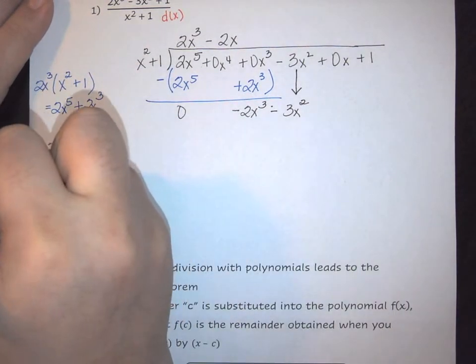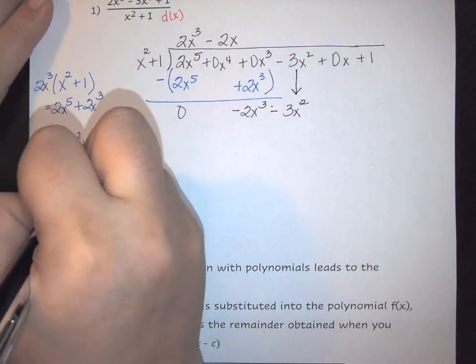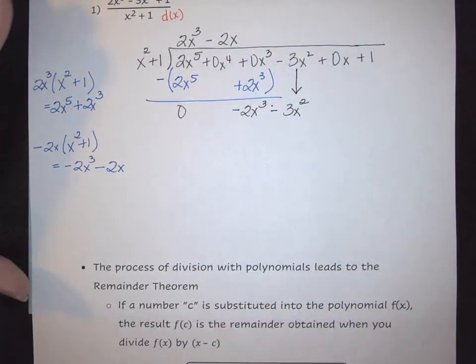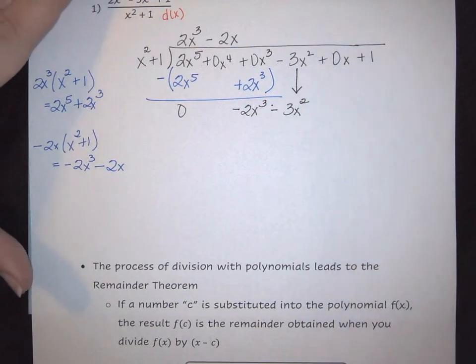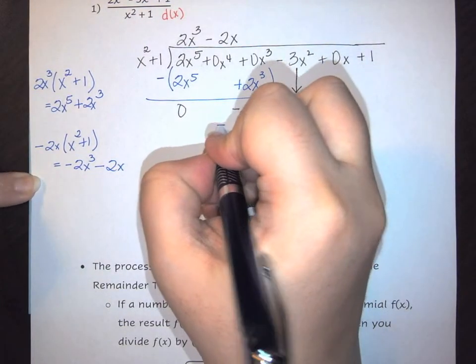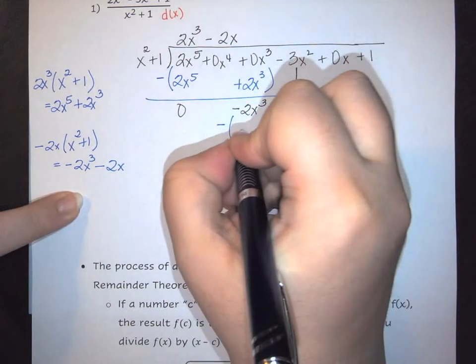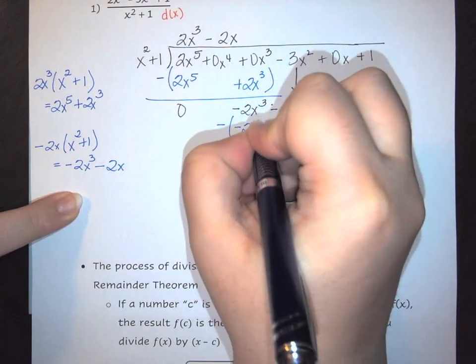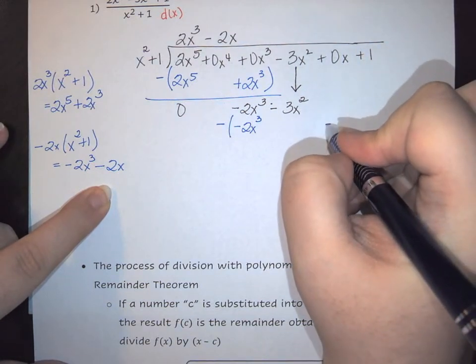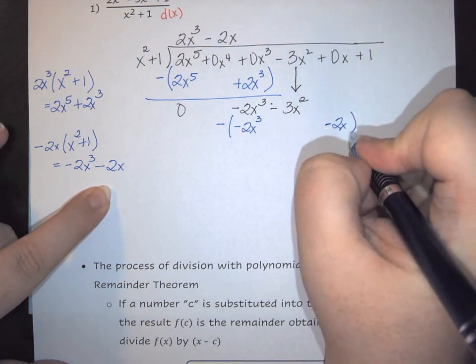And when I do that, I get negative 2x cubed minus 2x. So in this case, I'm going to go ahead and do just that. I'm going to set up my subtraction. So I'm going to subtract parentheses, negative 2x cubed. I'm going to come all the way over here, minus 2x.